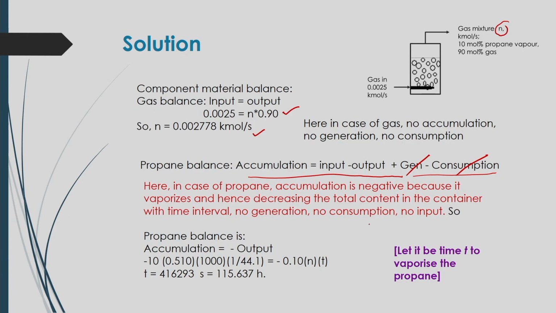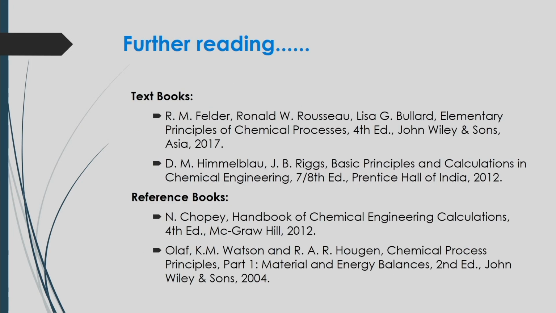No generation, no consumption, no input. So, we can write this propane balance: accumulation will be equal to minus output. Based on which we can write this equation and solve for this time t, which will be equal to 115.67 hour.